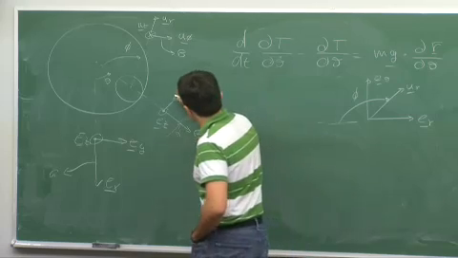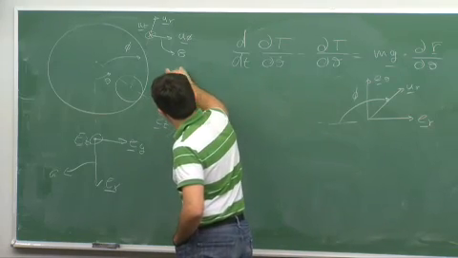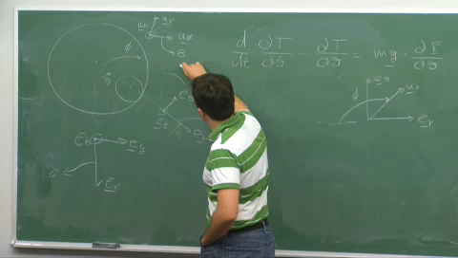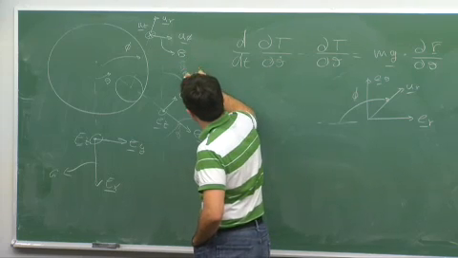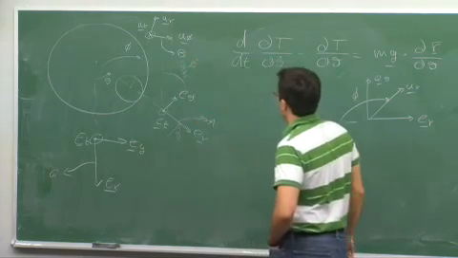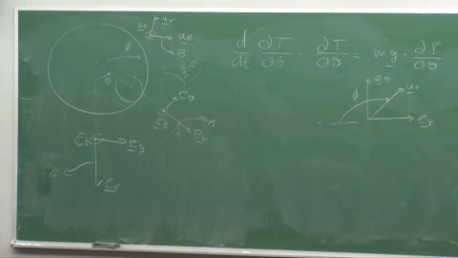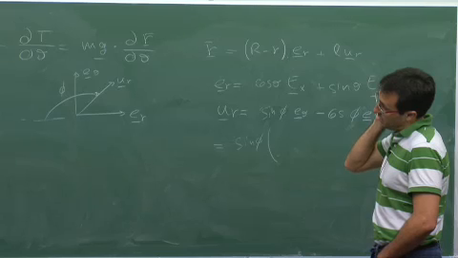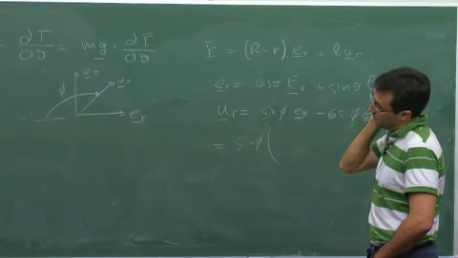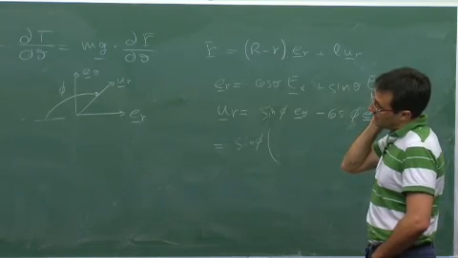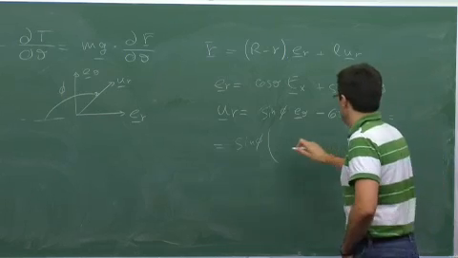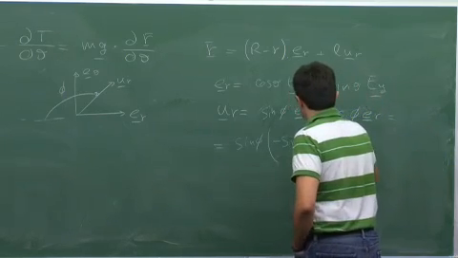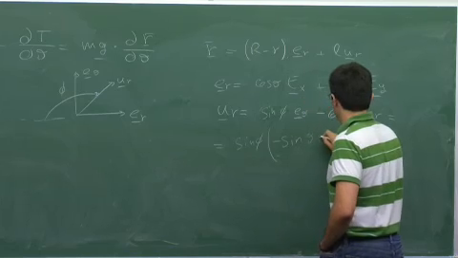What is this angle here? This is pi over 2 minus theta, right? Okay, and so if I project on EX it is minus cosine of that angle, cosine of pi over 2 minus theta is the sine, so it's minus sine of theta EX.